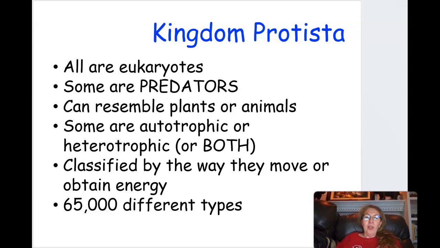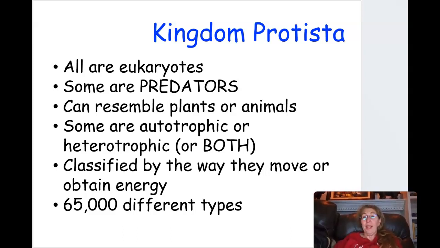They can be autotrophic, meaning they can make their own food by photosynthesizing or being a chemoautotroph, or heterotrophic, meaning they have to ingest another organism to gain their energy. Or they can have both, meaning that they both photosynthesize or use chemotrophs, and they also have to ingest other organisms.